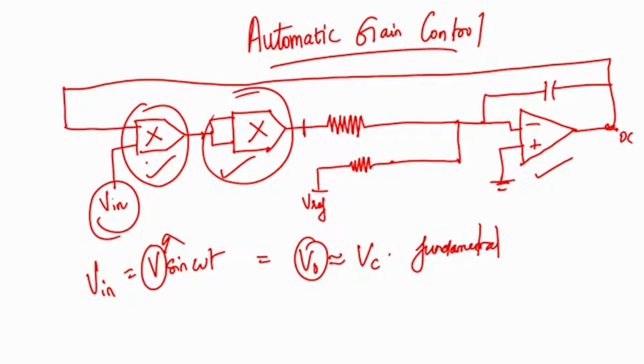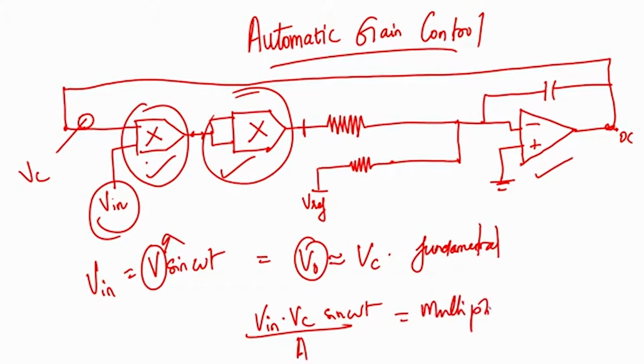This input has a measure of the amplitude of the output, that is Vc, so here the output of the multiplier will be V in into Vc sin omega t by A, where A is the amplification factor of the multiplier. So, this is the output at this point 1.